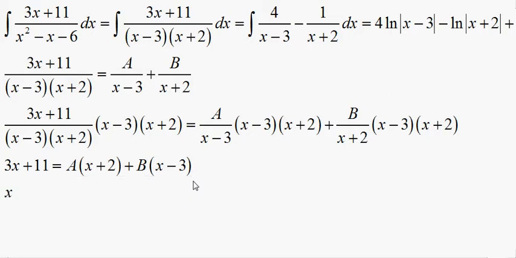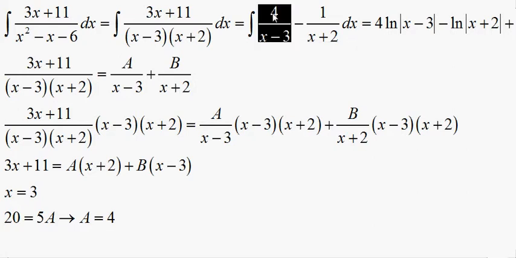So if we make x equal to 3, that's going to be 9 plus 11 from the left hand side is 20, and that equals 5a, and then this one vanishes. See, that's the trick, is to use values of x that make a term go away. So that means that a is equal to 4, and that's indeed what we have up here, 4.